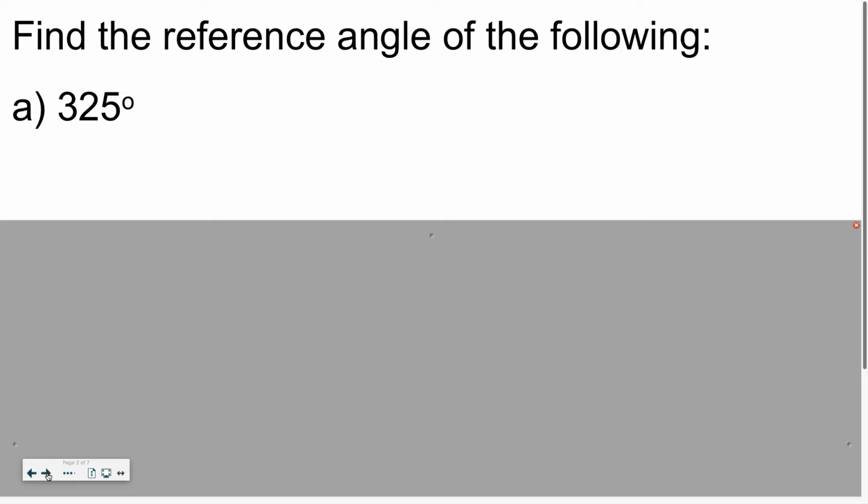Sketch the angle of 325 degrees. And since you've had some work with the unit circle, you can kind of guesstimate where this is going to fall in that specific quadrant.